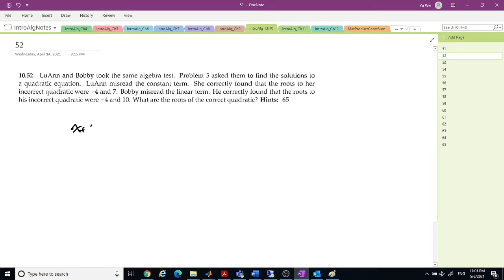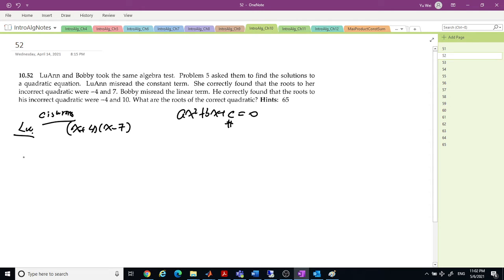So the roots are -4 and 7, but reading C was wrong. We're assuming the equation looks like this. So for Luan, C is wrong, right?